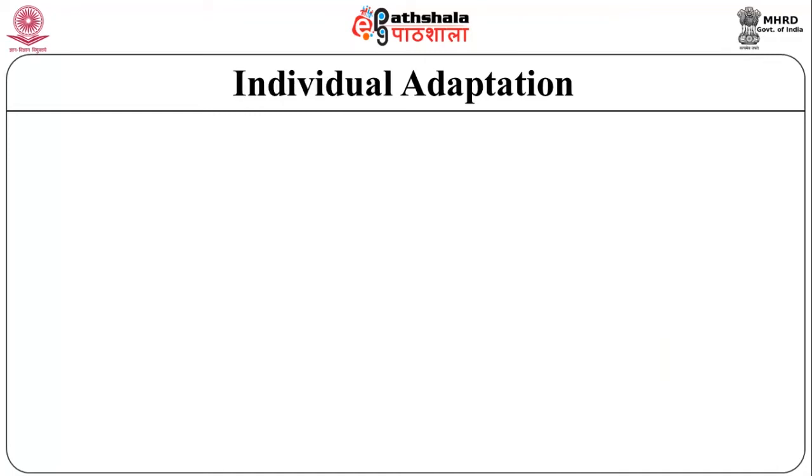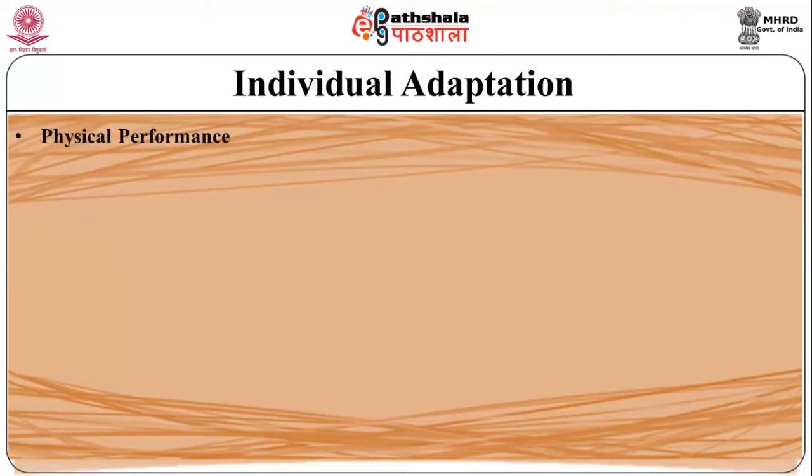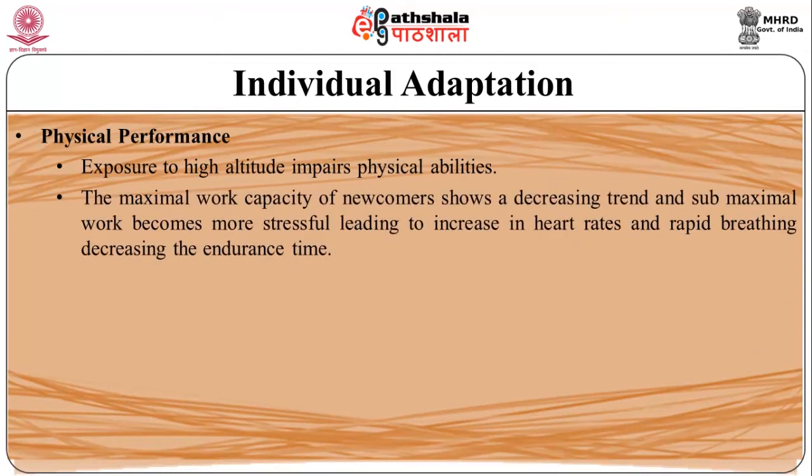Now, another aspect is individual adaptation. Here, the effects on individual adaptive domains are described, like physical performance. Exposure to high altitude impairs physical abilities. The maximal work capacity of newcomers shows a decreasing trend, and maximal work becomes more stressful, leading to an increase in the heart rate and rapid breathing, decreasing the endurance time.